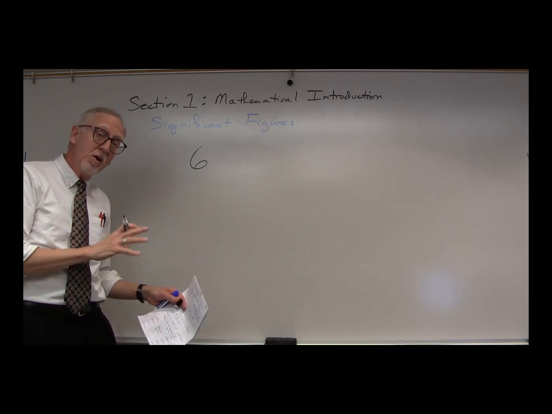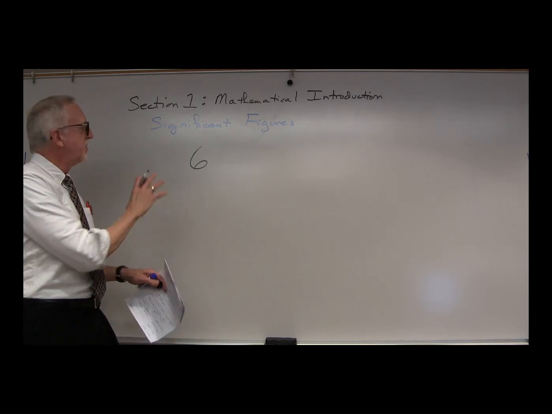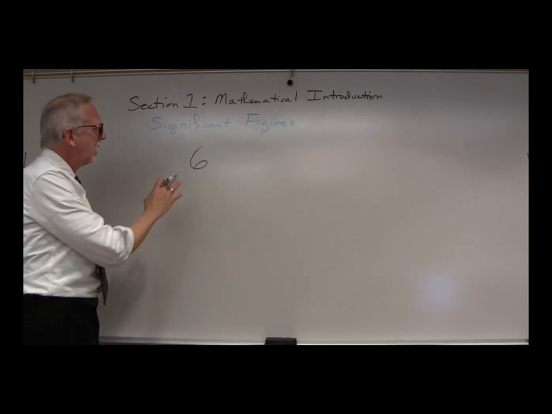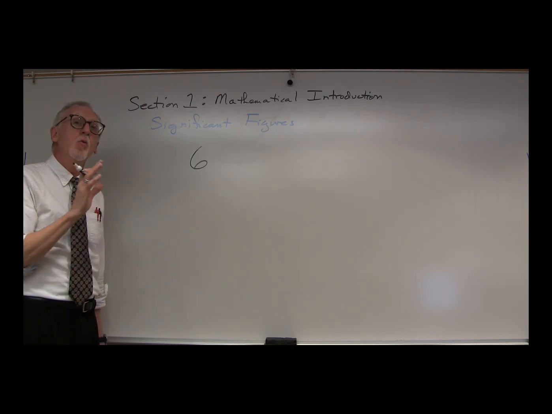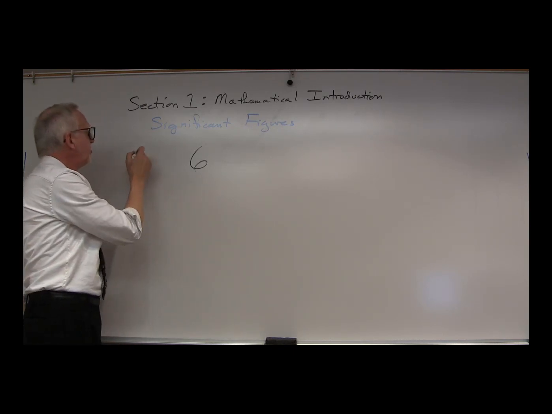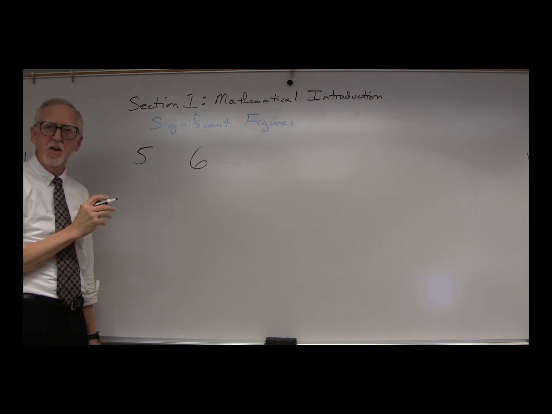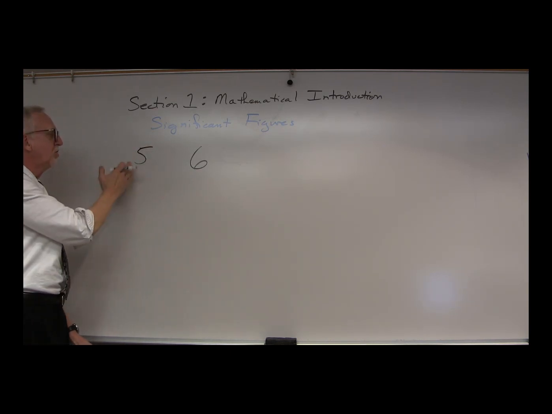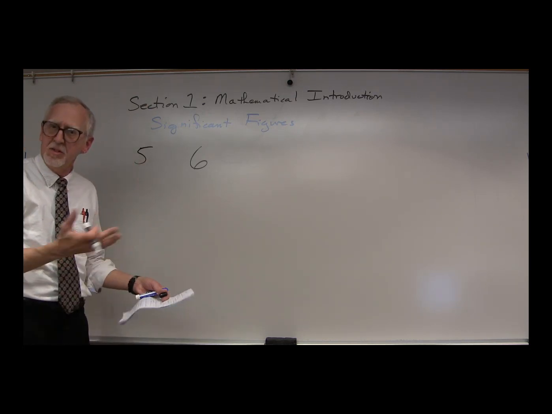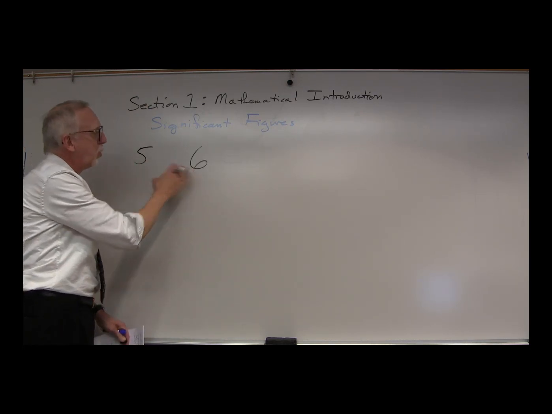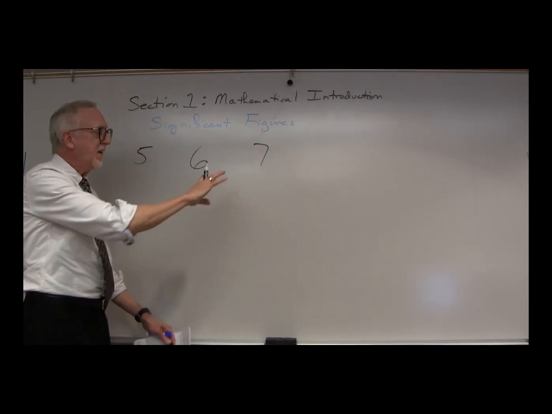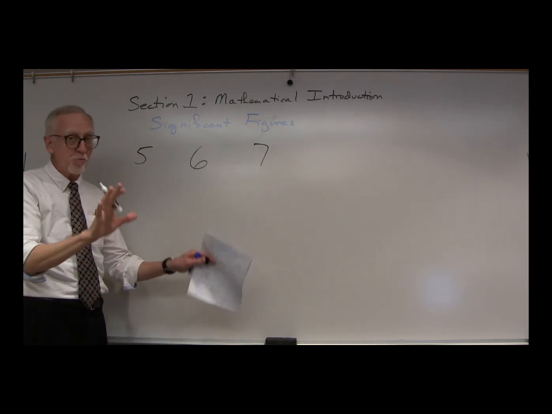Well, what we are going to mean in this course is that the value of that measurement we expect, we hope, is closer to 6 than it is to, say, 5. If the measurement were actually closer to 5, we would hope that we would say the value is 5 rather than 6. Likewise, we hope it's closer to 6 than it is to 7. 8, 9, 4, 3, those are right out.